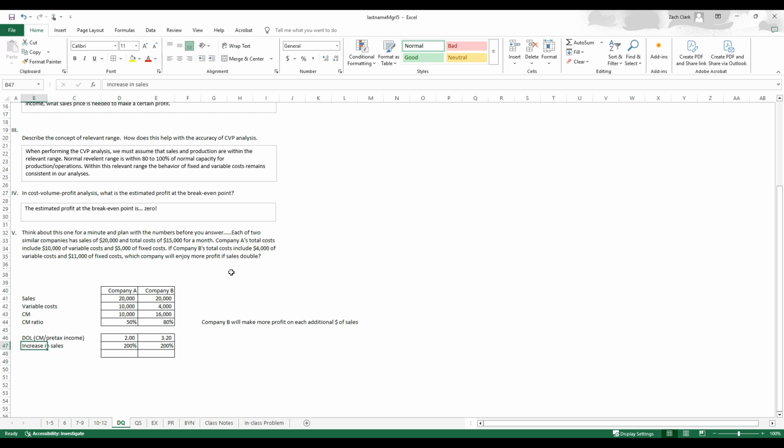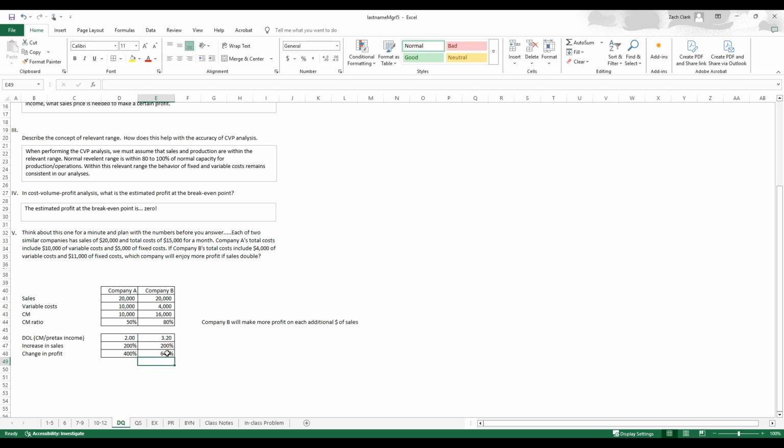If that is the increase, then our change in profit from using our DOL formula, it's going to double, so we'll go up 400% if we have a 200% increase in sales at the 50% contribution margin ratio.